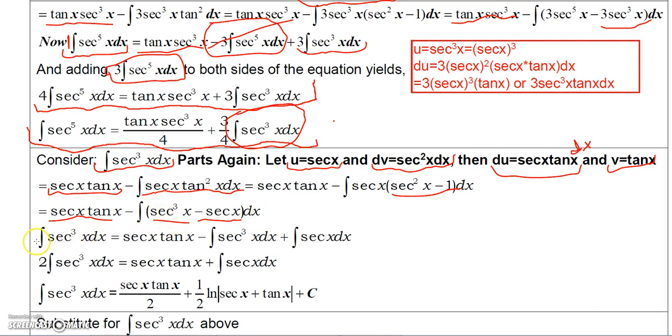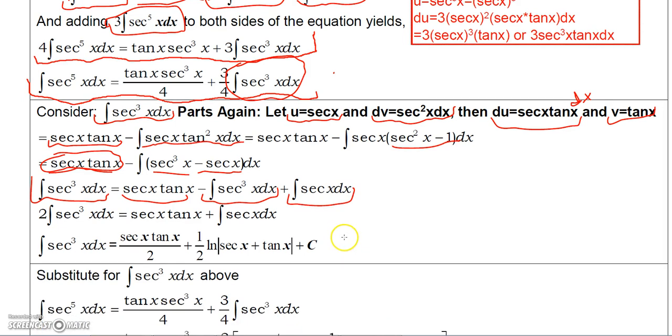Well, now I've shown you that the original integral, secant cubed x dx, is actually equal to this term right here, secant x tangent x, and then minus the secant cubed x integral, because I'm going to break that up into 2 integrals, and then we have minus a minus secant x integral, which is this.